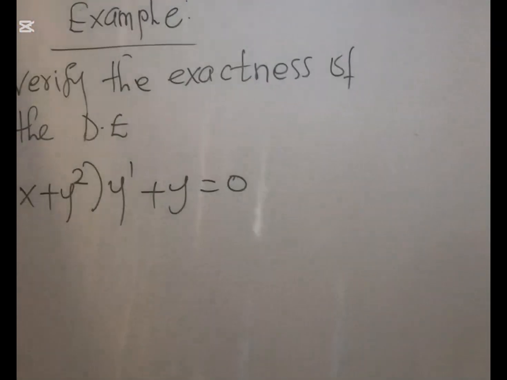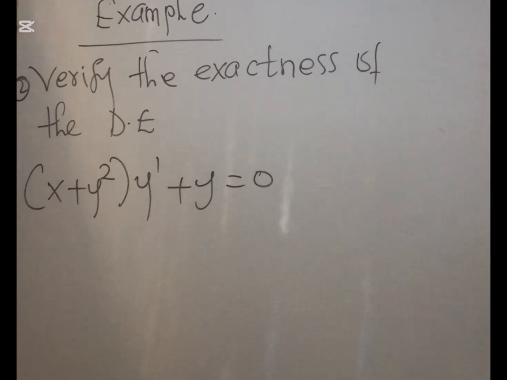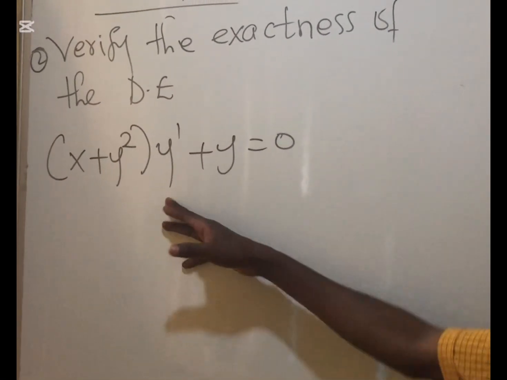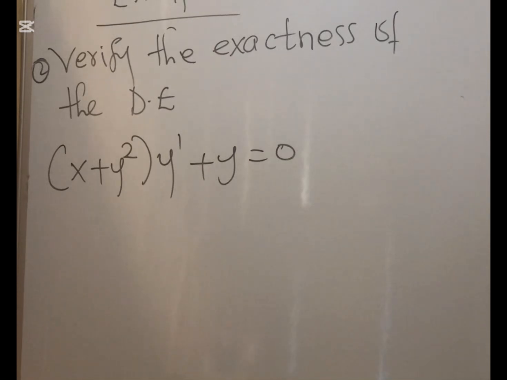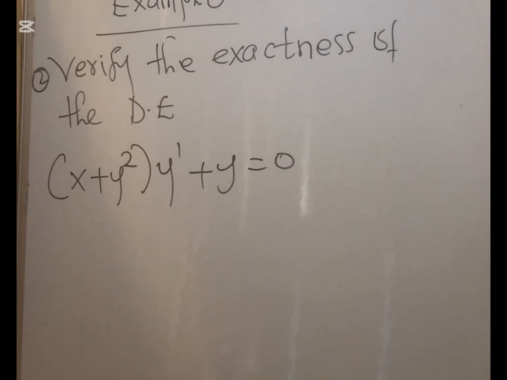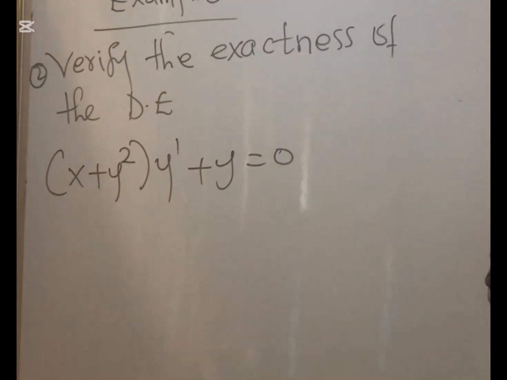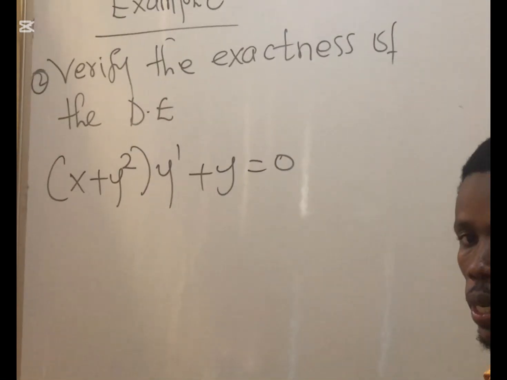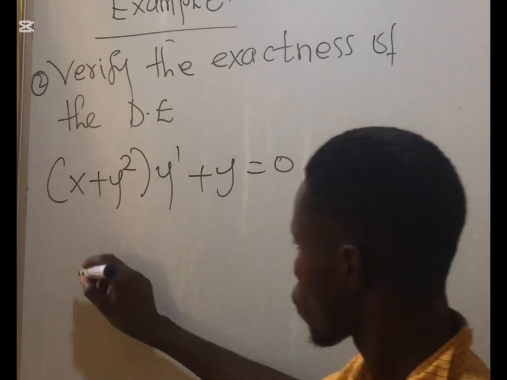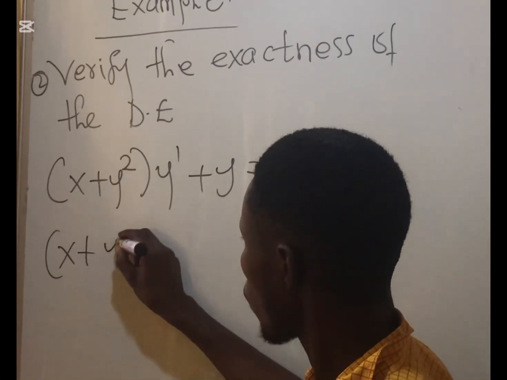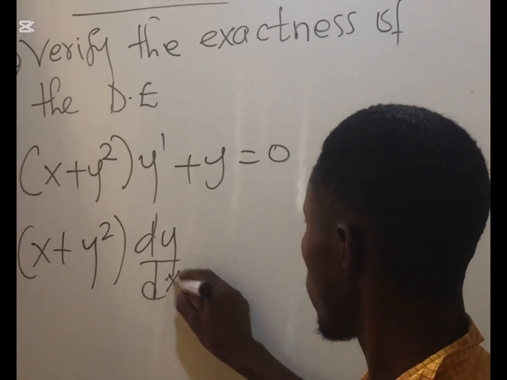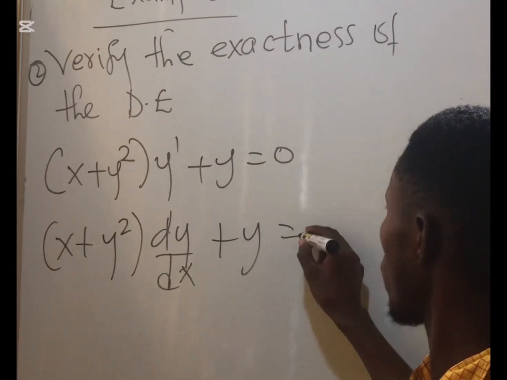Okay, so now let's look at our number 2 or example 2. We are saying to verify the exactness of this differential equation. So we want to see whether it's exact. Yes, simple as that. Now, this is very simple. But before you do this, you have to make it look like how the general one is. So first thing, you have to change this one to x plus y squared dy over dx plus y equals 0.